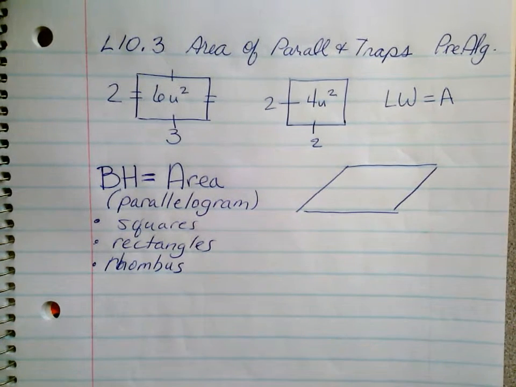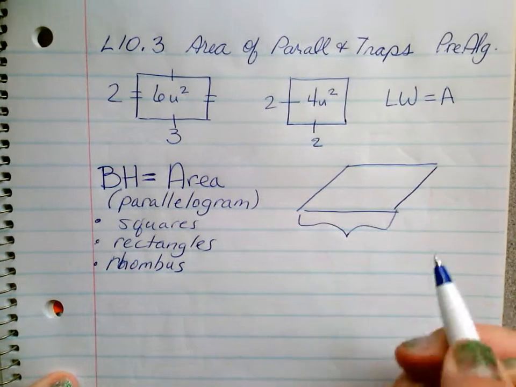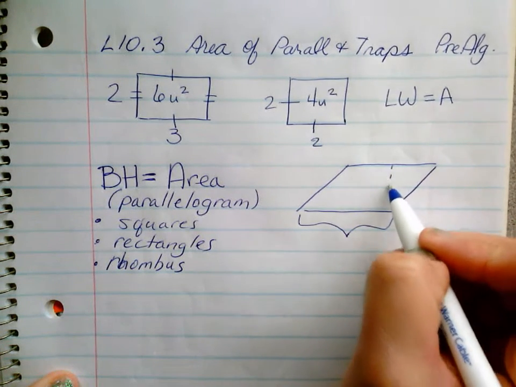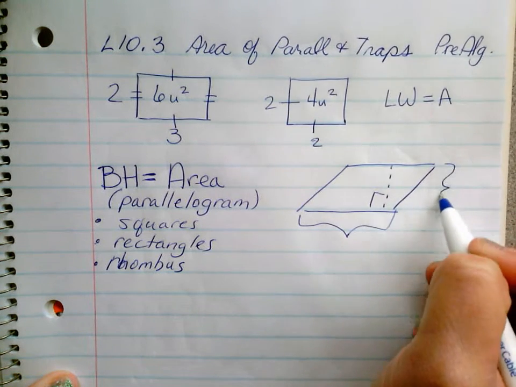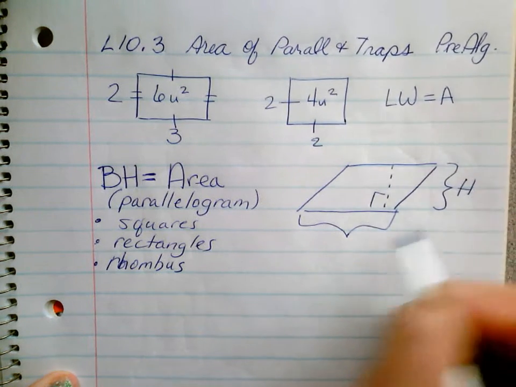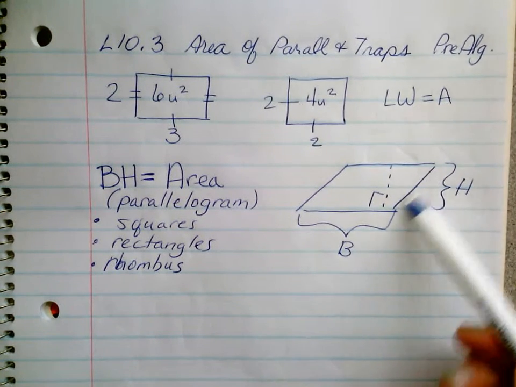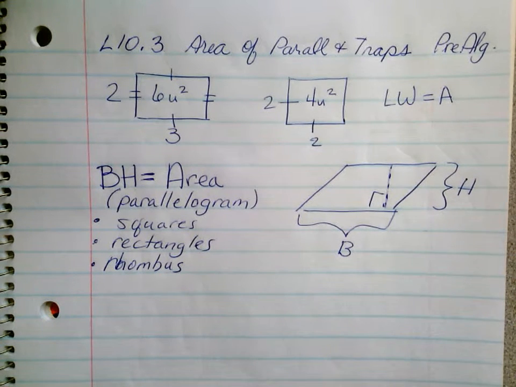Base times height. So in something like that drawing there, that little sideways diamond looking thing, the base is defined as this in this drawing, and the height is defined as the top to the bottom. That's the height. Not this, okay? That's the height.